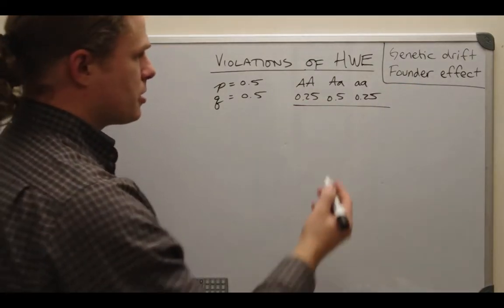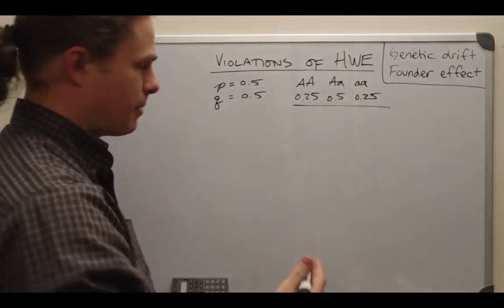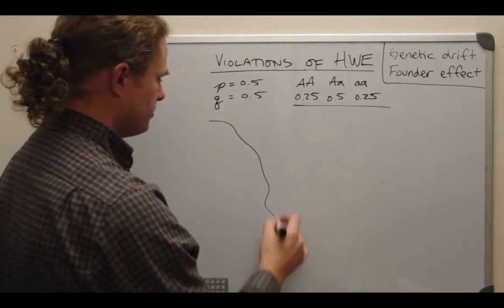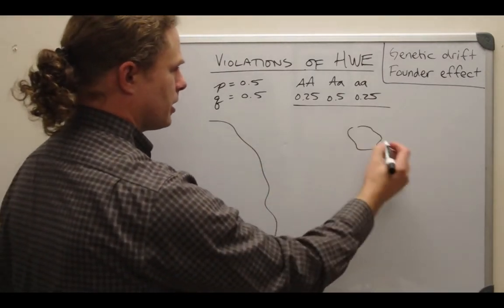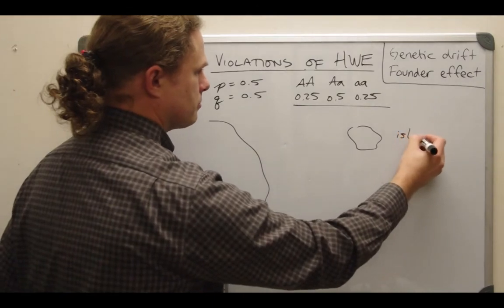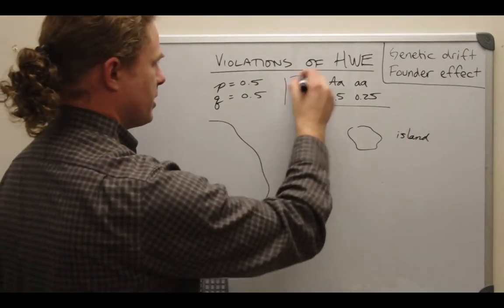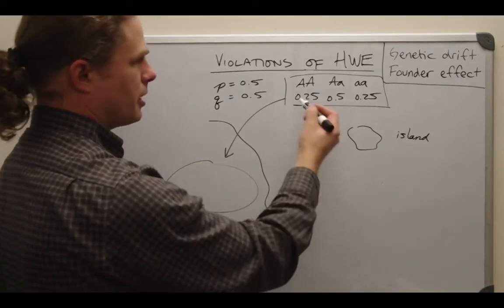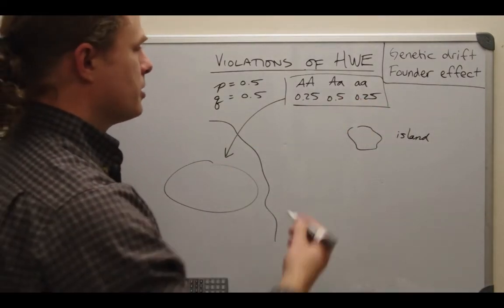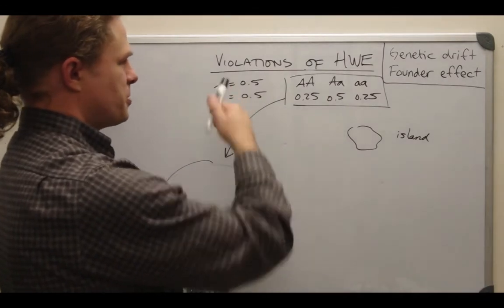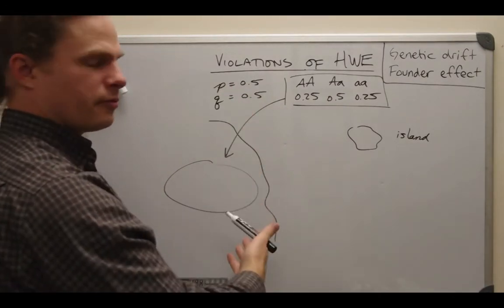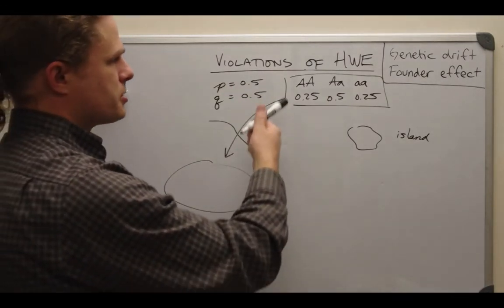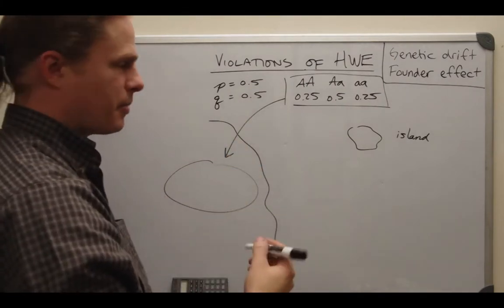So imagine this is a large stable population, say on a mainland area, and then let's say there's a small island. So here's the mainland population. There's a large population here that has this particular genotype distribution and this P and Q value, and it remains stable over many generations because Hardy-Weinberg conditions are met.